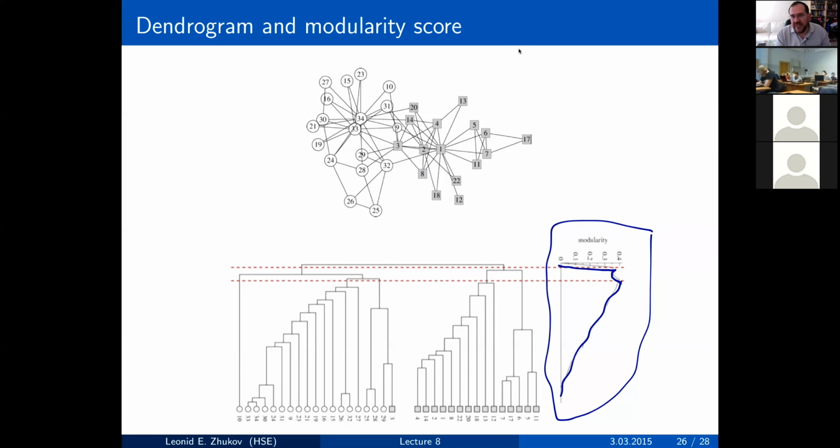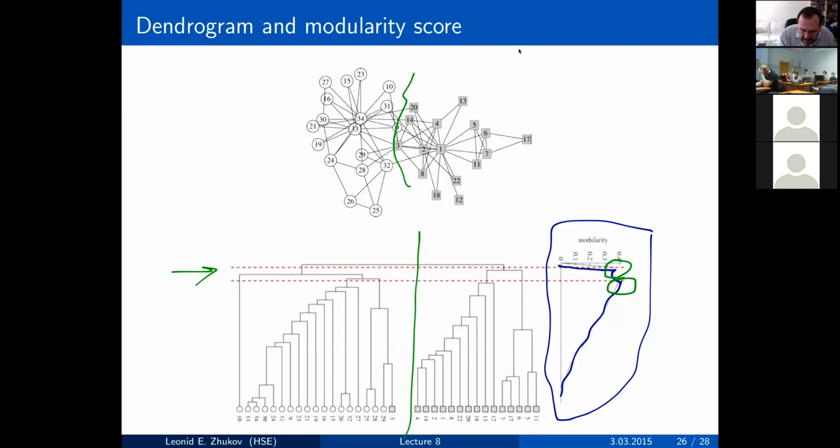And so in some sense, based on the modularity, there are probably two different cutting levels that make sense. One is right there at the very top, which, if we follow this cut line, will literally just split the graph into two pieces, and that corresponds to this cut.